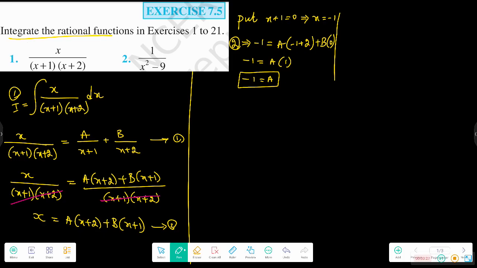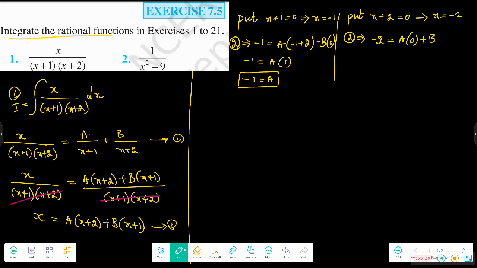One more: next put x + 2 = 0. Whatever is multiplying with the constants A and B, I am making that equal to 0. So this implies x = -2. Then in equation 2, x value -2 on the left-hand side, and A into (x + 2), which is 0, so directly 0.